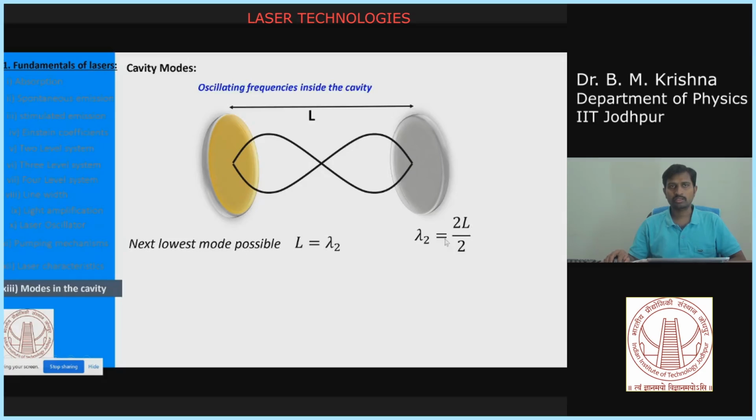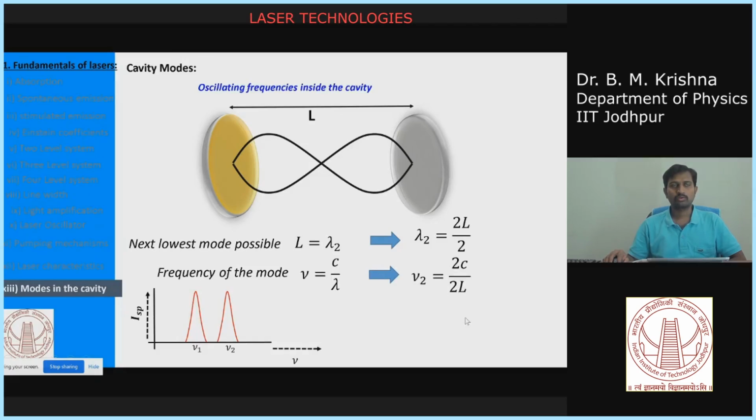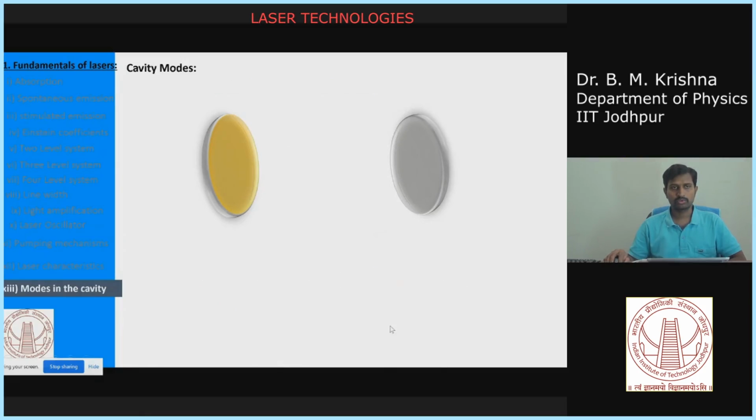I am writing in this format so that it will continue for all the possible modes. The frequency of the mode is 2C by 2L. So now in our cavity we have two different modes: the first is the fundamental mode, or the lowest possible mode, and the second is nu 2.